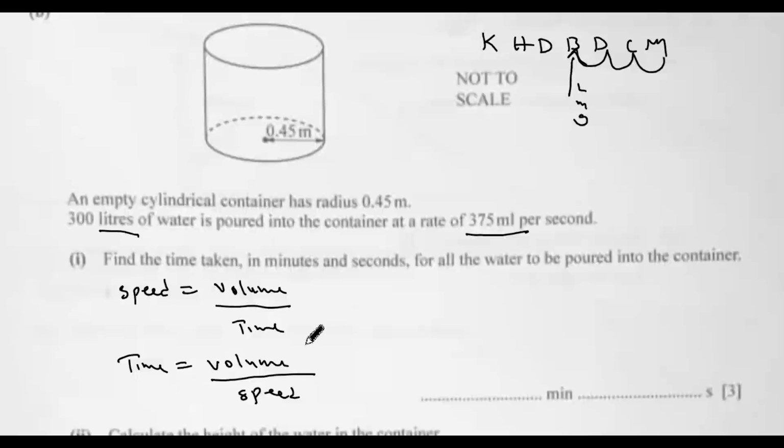So the time now is equals to the volume, 300 liters, divided by the speed, which would be 375 over 1,000 in liters as well. If I change this sign of division to multiplication, I have to flip 375 and 1,000.